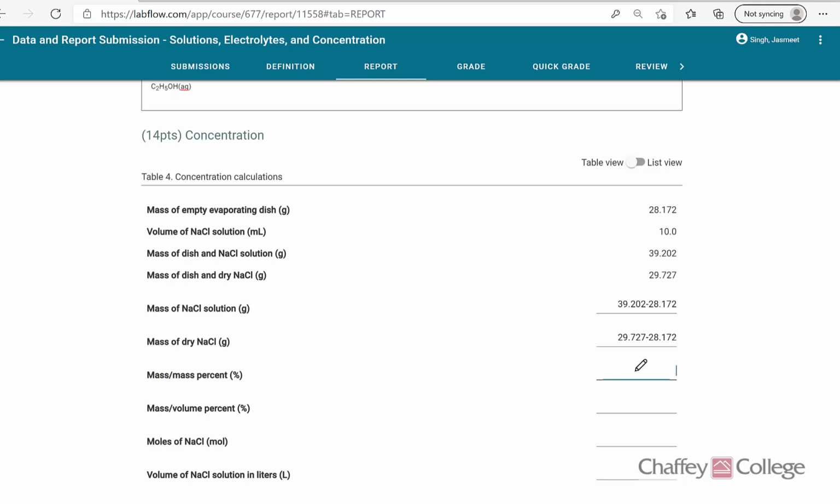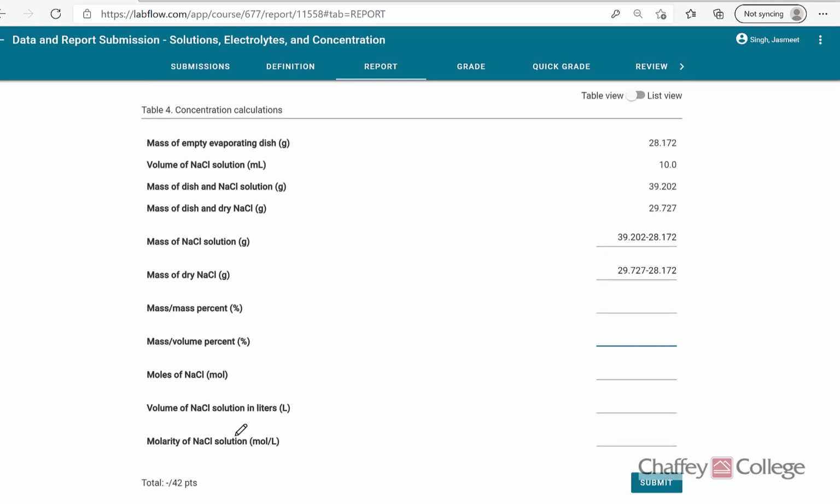So mass over mass percent concentration goes here, and mass over volume percent goes here. For molarity calculation, we need to know the moles. Moles can be calculated from the mass of NaCl. We know how to convert mass to moles, so use the mass of dry NaCl and convert this mass to moles. That will go here. And we need to know the volume of NaCl solution in liters.